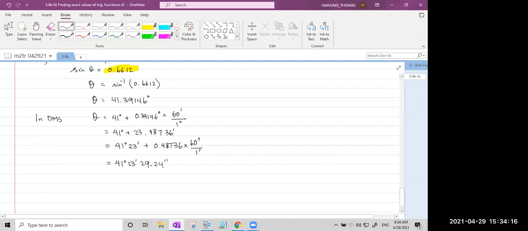Let me just round it to 2 decimal places of the seconds. Because our textbook wants us to round to the nearest hundredth of a degree, it will be 41.39 degrees. That's in our textbook. And if we want to make it to the nearest minute, this will be 41 degrees, 23 minutes. I tried to do it in an even more accurate setting.